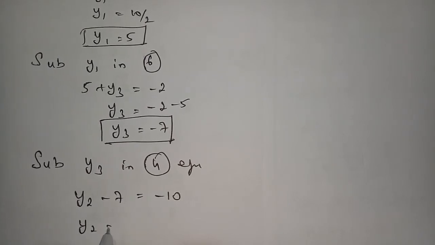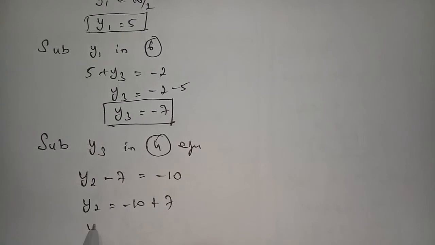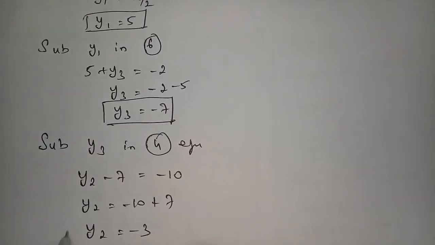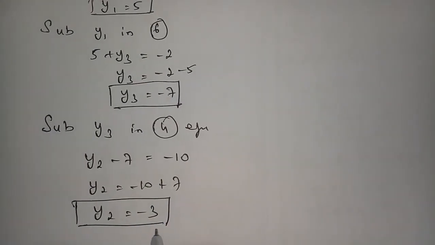That is y2 is equal to minus 10. Minus 7 will come here, become plus 7. So y2 is equal to minus 3. Now we got the values of y1, y2, y3.